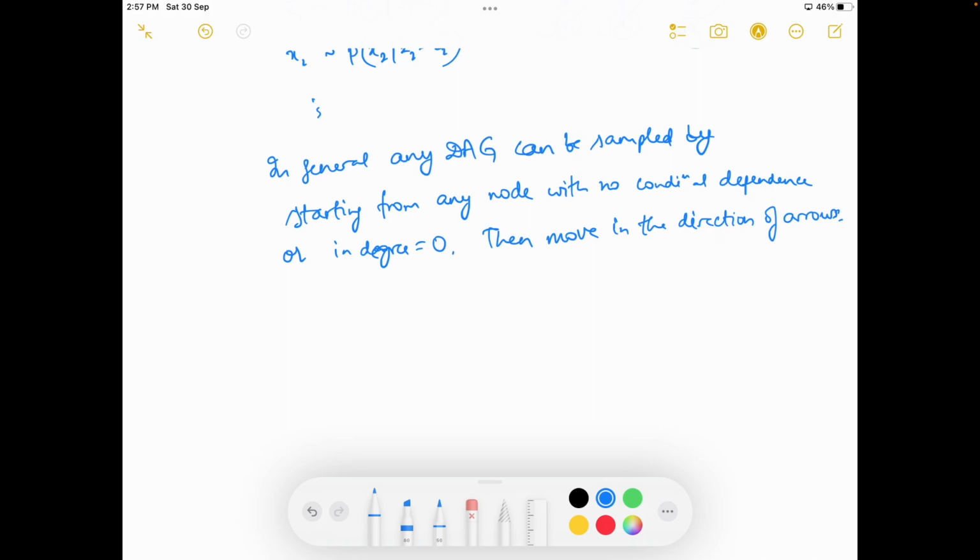Let's say this graph starts from here, ends up here. I pick this. To know this, I have to know this. To know this, I have to know this. Like a total probability. You have to go back to your original node, which does not depend on anything else. You sample this and then sample next, sample next. So why do this reverse process when you have to reach there only?